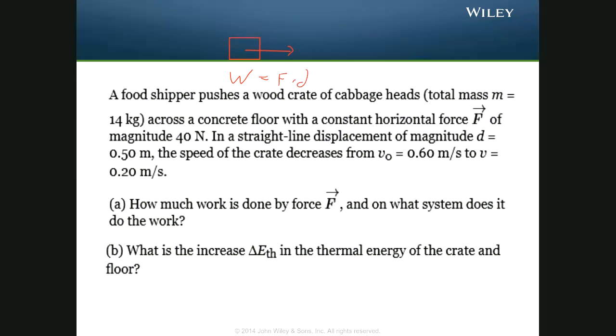And you'll notice the first thing you want to say is, well, where's the displacement vector? It's also along the floor. So we know they're in the same direction, and we can calculate F dot D pretty easily. They're in the same direction, so that will equal 40 times 0.5, which is 20.